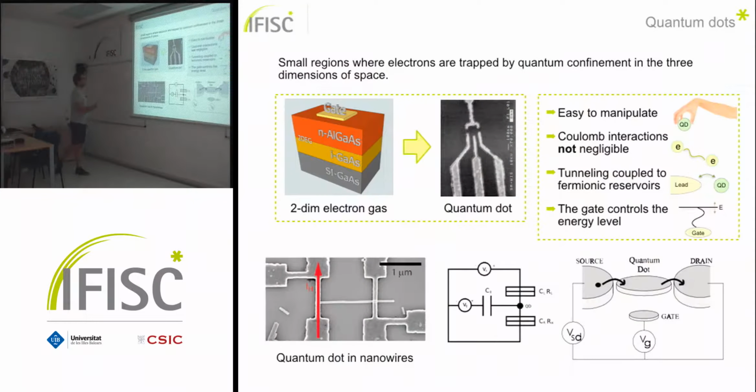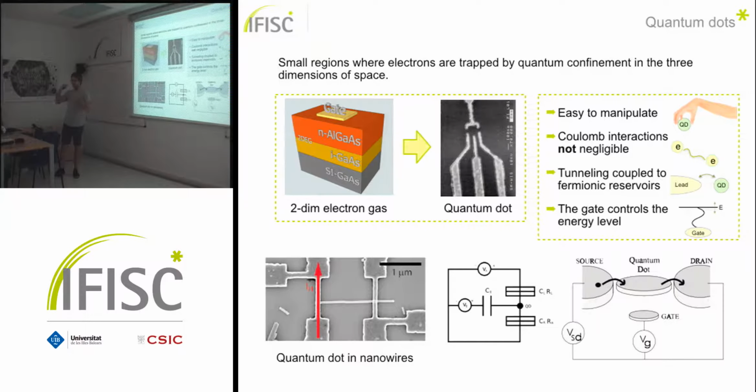Well, first, quantum dots. What is a quantum dot? A quantum dot is a region in space where electrons are trapped. It's like locking people in a room, but instead of people in a room, it's electrons in metals. How do we do that? First, we create a 2-dimensional electron gas.